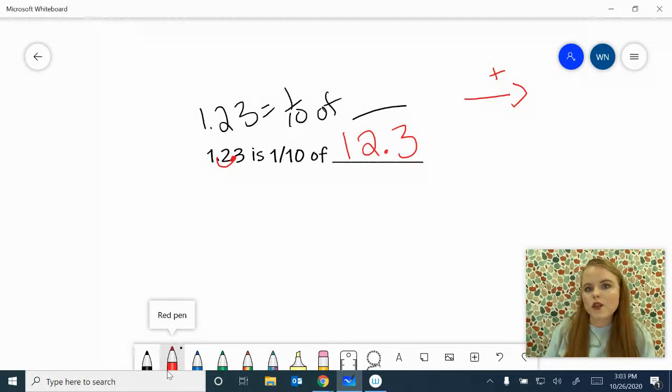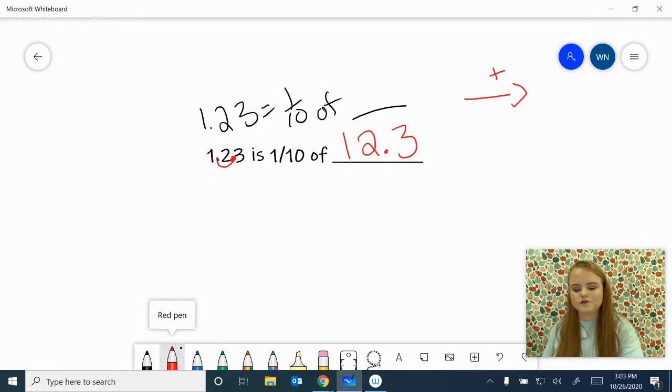So 1 and 23/100ths is 1/10 of 12 and 3/10. 12 and 3/10 is 10 times bigger than 1 and 23/100ths. Just like when we used to do this, we would add zeros. This time, instead of adding zeros, all we're doing is moving that decimal point over.